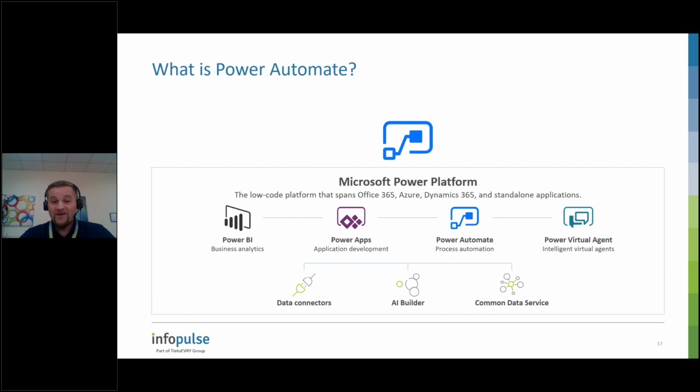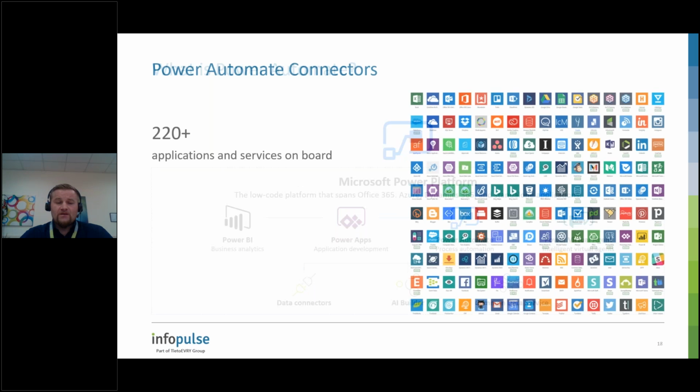Okay, what about Power Automate? As we know, this is a part of the Microsoft Power Platform, and it is a cloud-based service that offers API and UI based automations in one tool. A fascinating thing about Power Automate is the connectors.